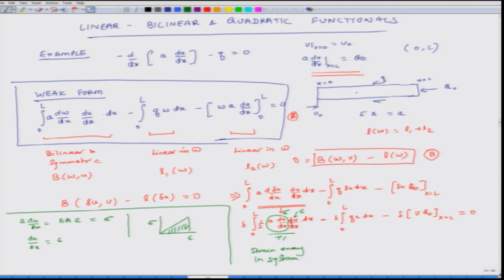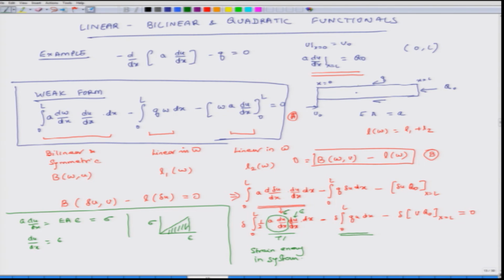If I do not integrate it, then I am getting the strain energy per unit volume at that point of interest. When I am integrating it, which is over the domain 0 to L, then it is in the entire bar. This is Q times U times dx. So, Q is traction.